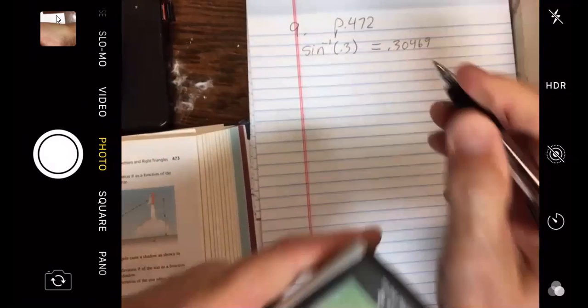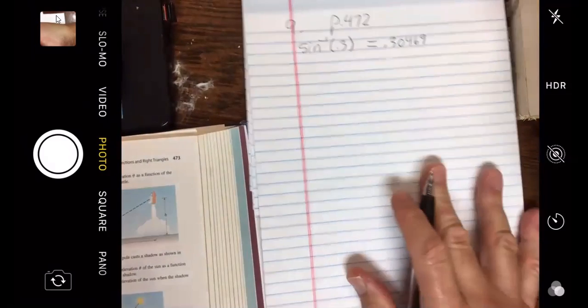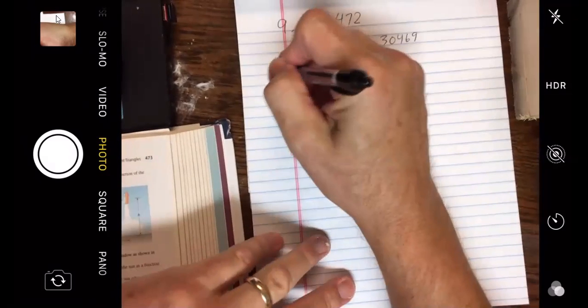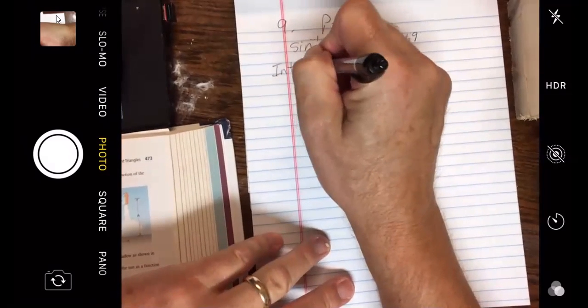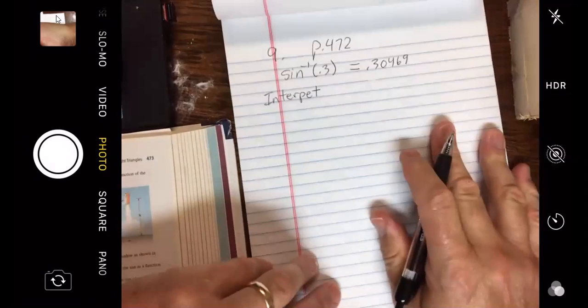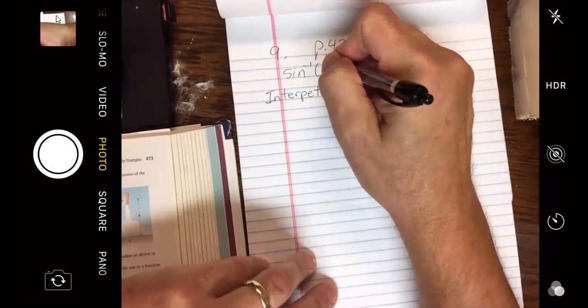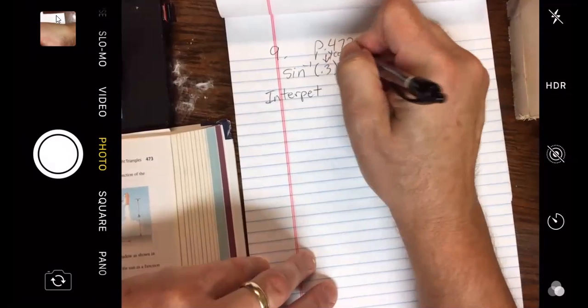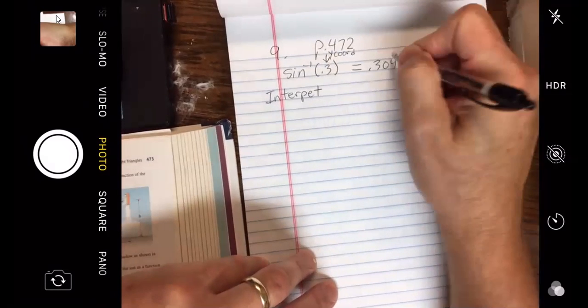All right. These are not just random values. If you want to interpret this, this is the y coordinate. This is the angle.